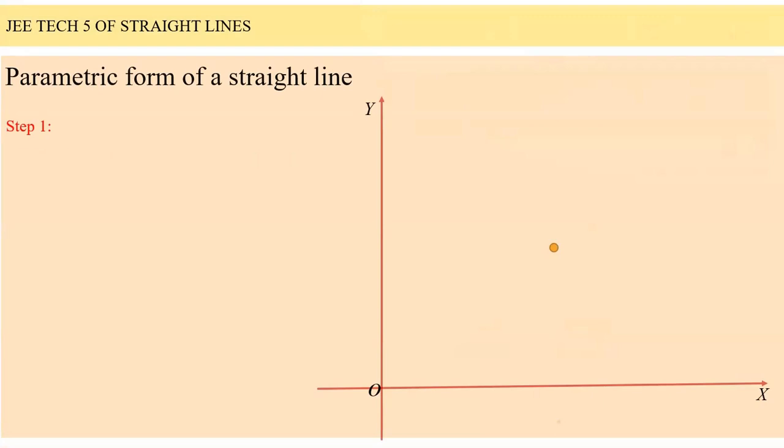It need not be in the first quadrant; it can be anywhere in the plane, and the same logic and idea will work there also. Suppose from that point a perpendicular is drawn to the x-axis, its distance is alpha, and onto the y-axis that distance is beta. Then the coordinates of that point are alpha comma beta.